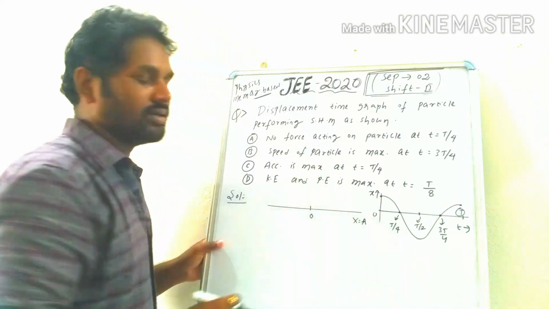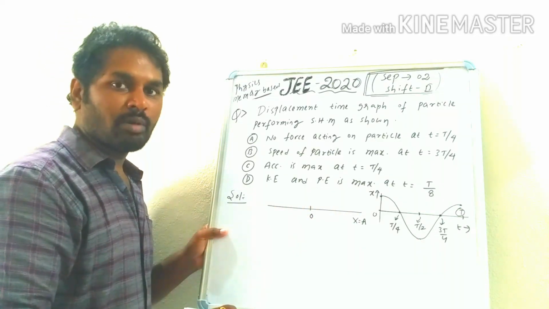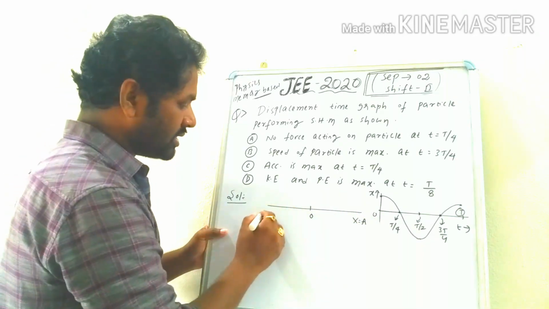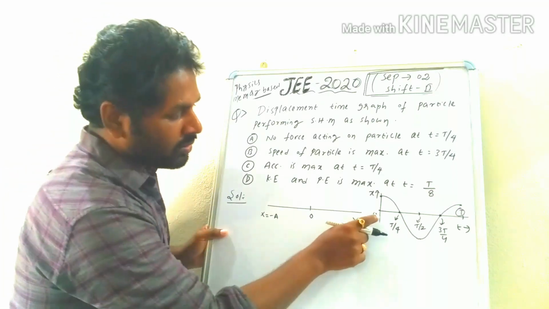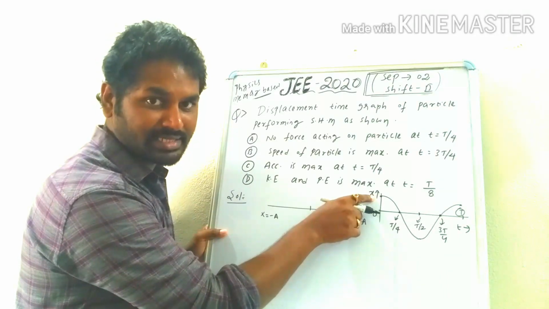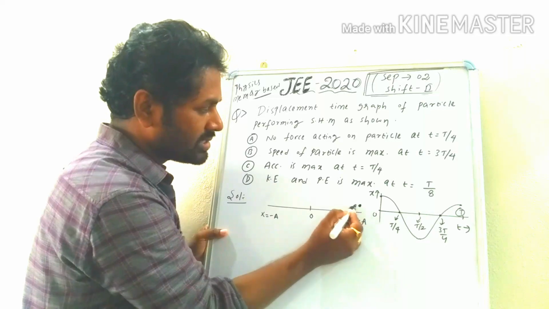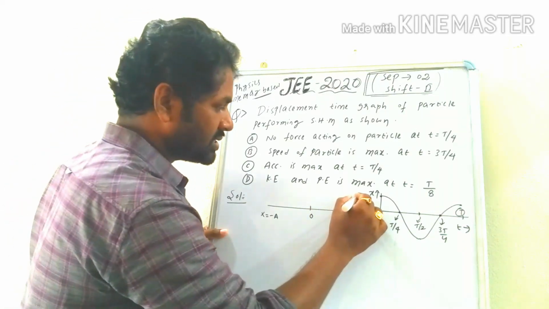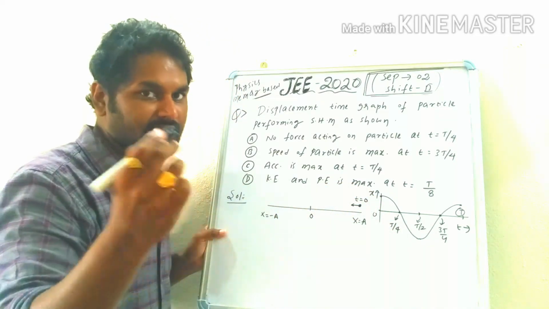We can take it as x is equal to a, where a is the maximum displacement called amplitude, on the right side. On the left side we can take x is equal to minus a. At time t is equal to 0, the particle is at the right extreme position. So from here, the particle starts towards the mean position.